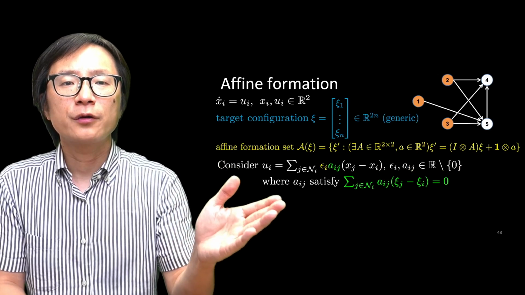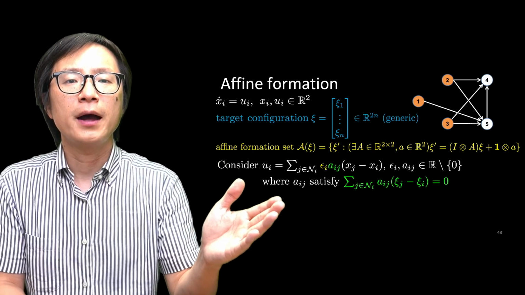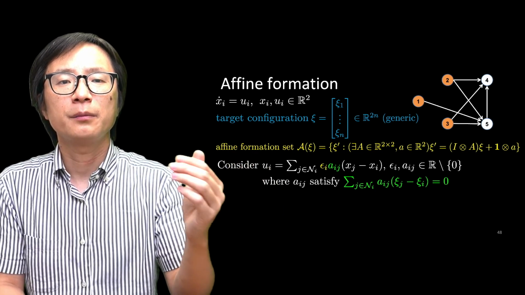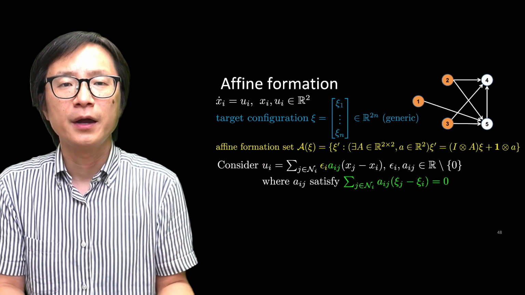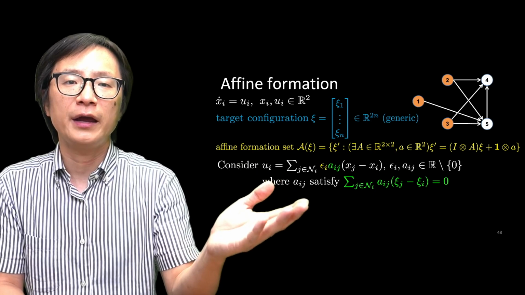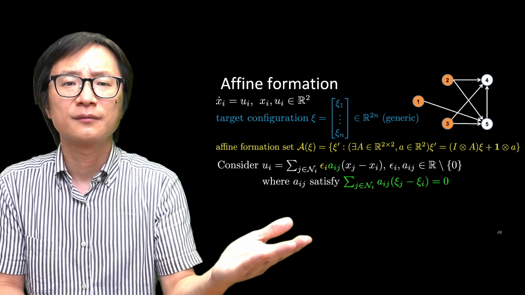Now for distributed control ui, it takes exactly the same form as we used in a similar formation in the previous part 2, except that everything here is either a real number or a two-dimensional real vector.